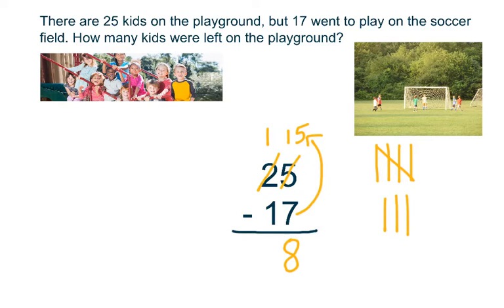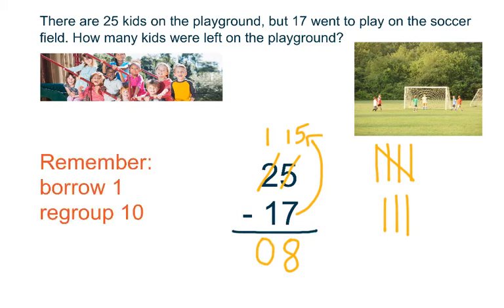Now we have to subtract the tens. How much is 1 minus 1? 0. There you have it. Remember, when we need to borrow, we always borrow 1 and regroup 10. We borrow 1 from the next place value to the left.